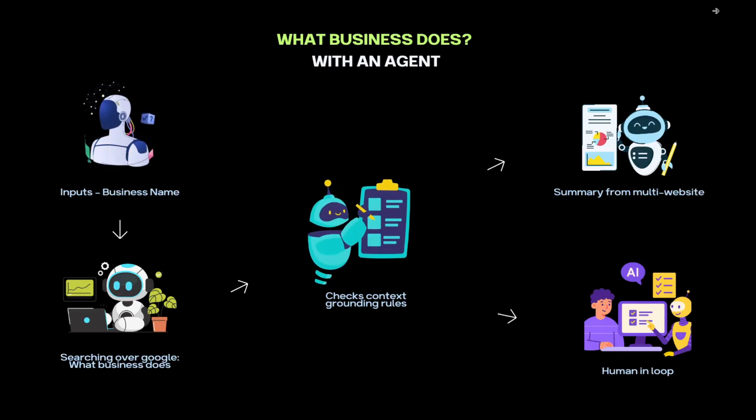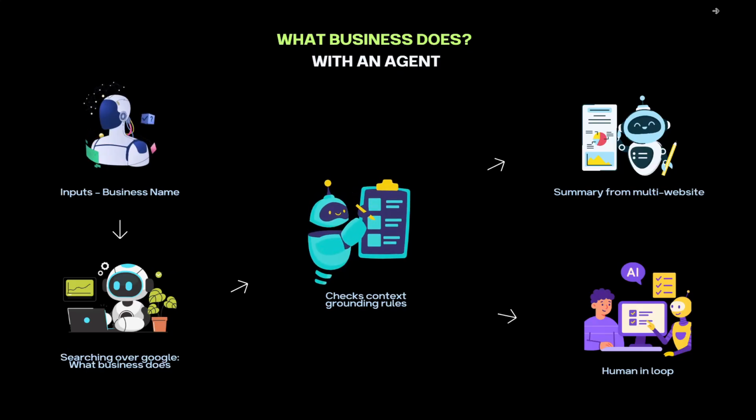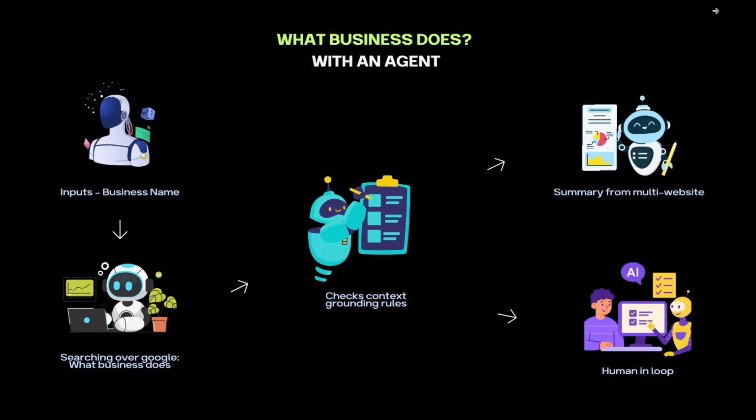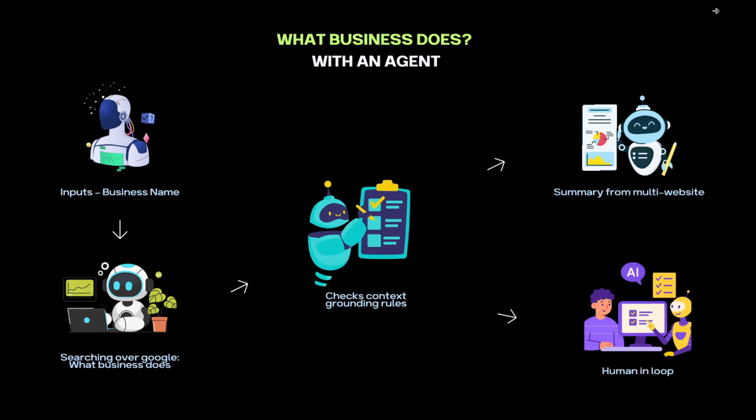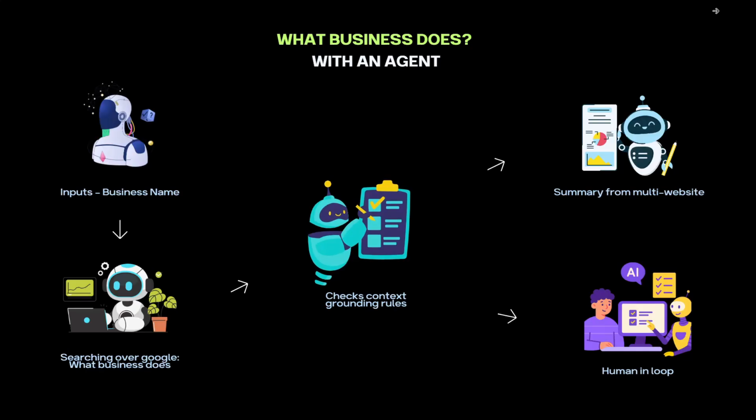Suppose a particular industry is excluded from the list, and the bank does not want to proceed with it. Either the agent will reply that the business or entity does not meet the standards or rules of the bank, or it will create an escalation and ask a human what to do next. These are the two points on which the agent decides what to do.